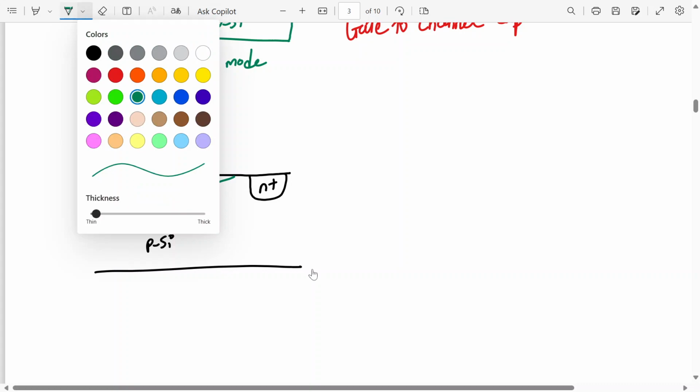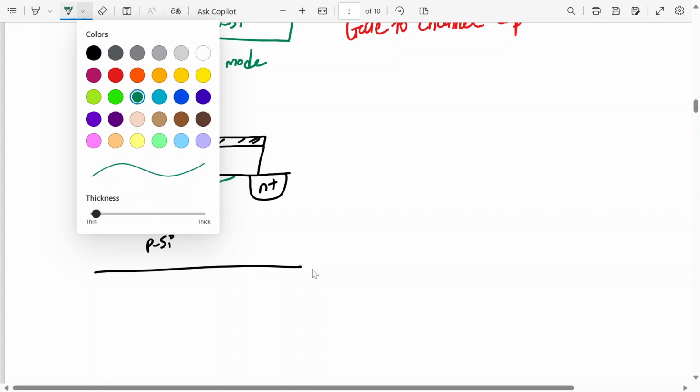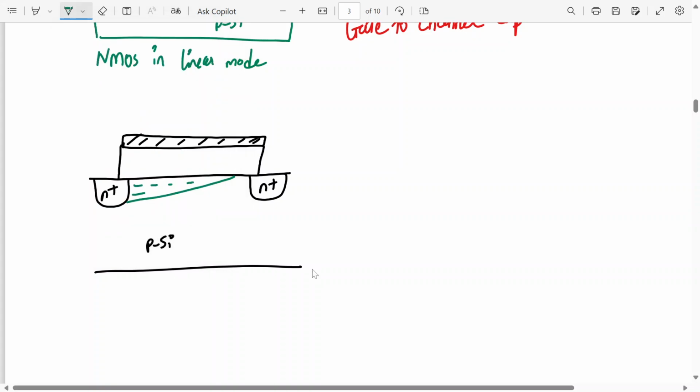Now if I draw the remaining part, that is the oxide and the gate, this is my gate and this is my N channel. Tell me which capacitance will be present over here: CGS, CGD or CGB? There will be capacitance present only till this part, so there will be only CGS present.